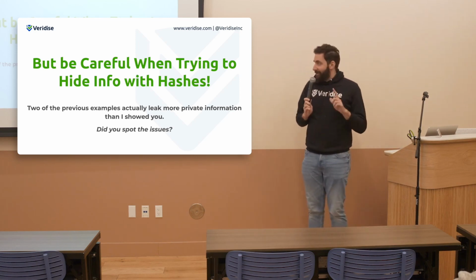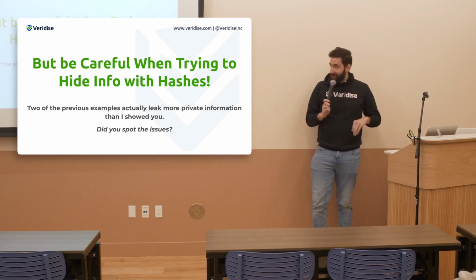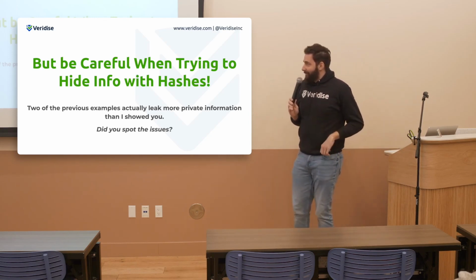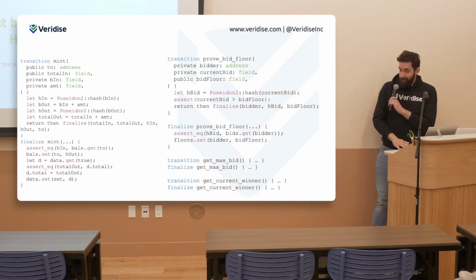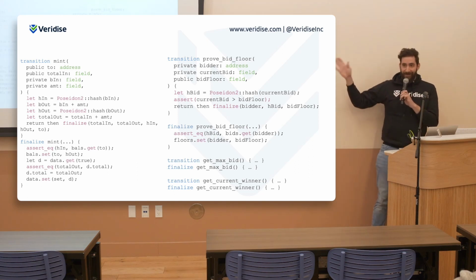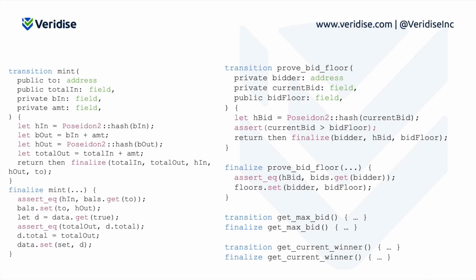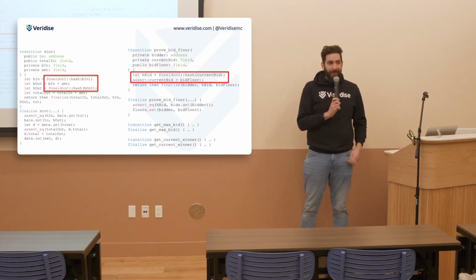In two of the three examples I showed you, there was another privacy leakage. And I'm wondering if any of you noticed the issue. Just to give you a little bit of help, it's in these two examples. Okay, so I can even narrow down the scope. It's going to be here. Any ideas?